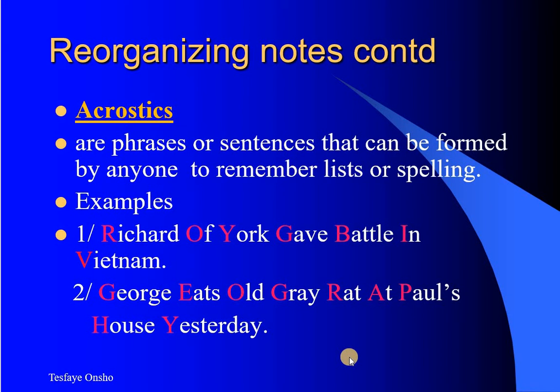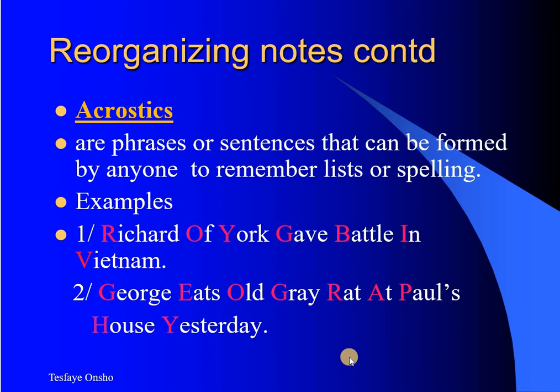Acrostics are similar to acronyms, but sentences or phrases are formed by people to remember lists or spellings of words. For us, it is specifically lists, because we don't have to remember spelling; this is for university and beyond.